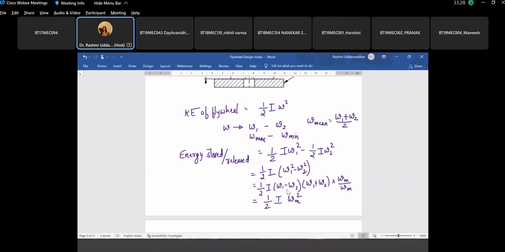So this is making square. And this omega 1 minus omega 2 by omega m, the difference between their angular speeds upon their mean speed, is given by a term Ks, where Ks stands for coefficient of fluctuation of speed.